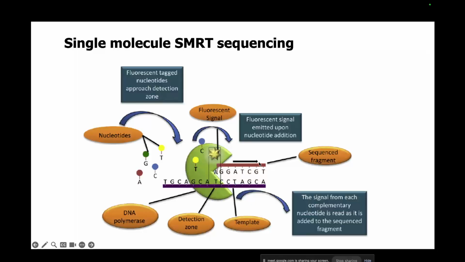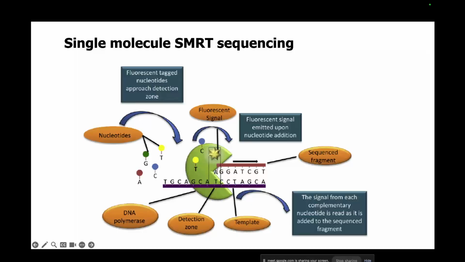You will have a primer, and then the DNA polymerase. The DNA polymerase will pick up these fluorescently labeled nucleotides and keep on adding them one by one, just like sequencing by synthesis. The unique selling point here is that the signal capturing technique is slightly different.